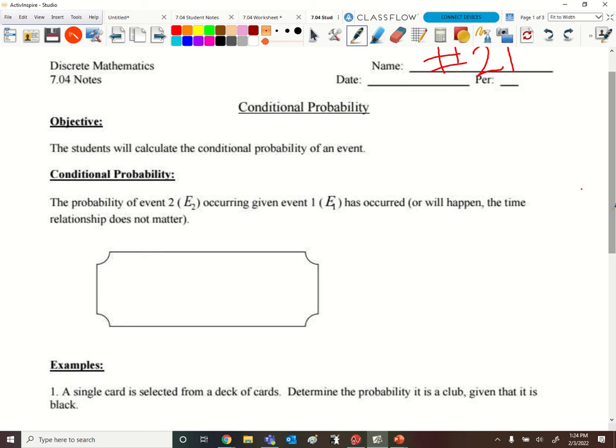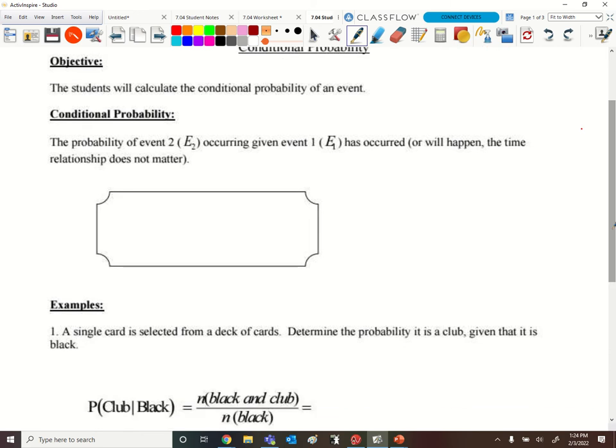So the probability of event 2 occurring, given event 1, E of 1, has occurred, will happen. The time relationship does not matter. So I'm going to give you the formula for it here. You're going to see it like this.